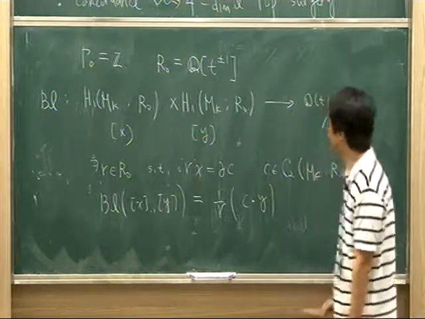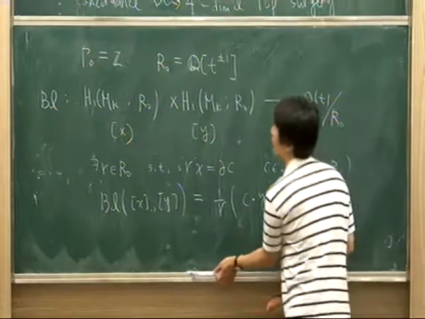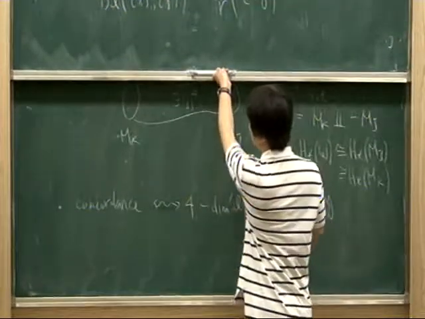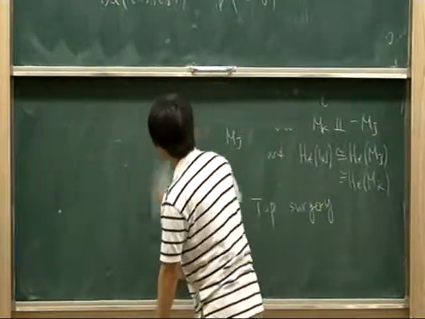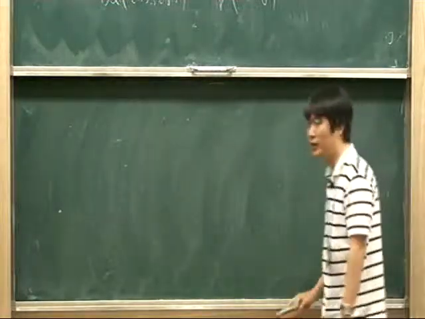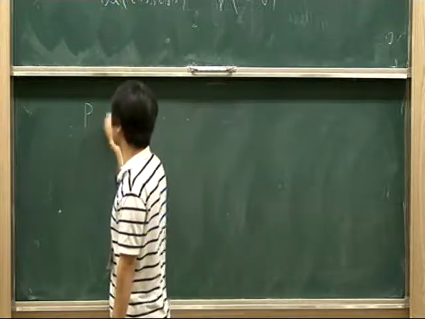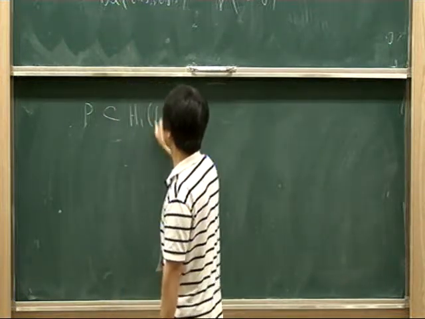Then for this Blanchfield linking form, you can define the notion of being self-annihilating. So suppose we have a submodule P of H1.